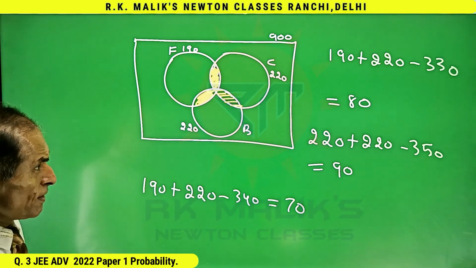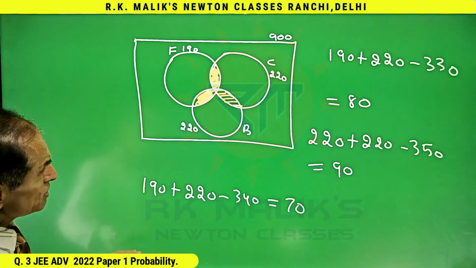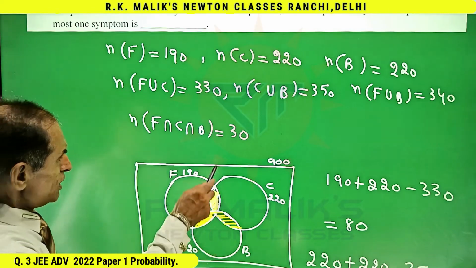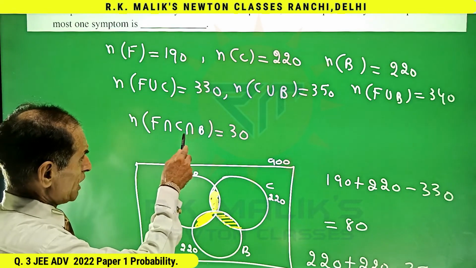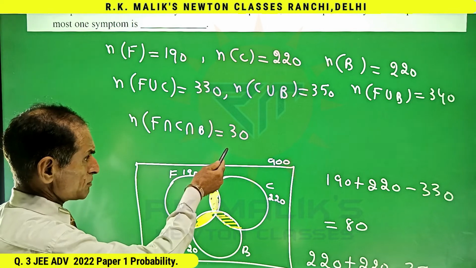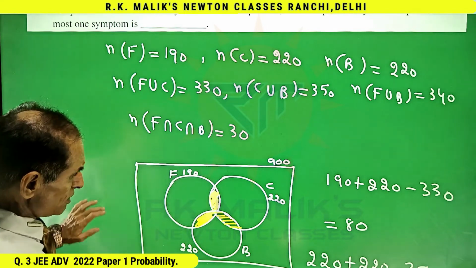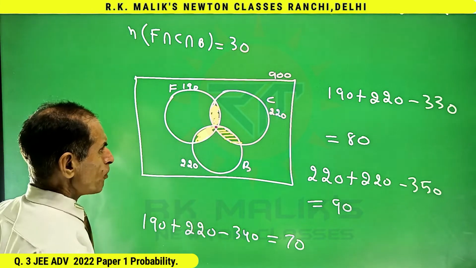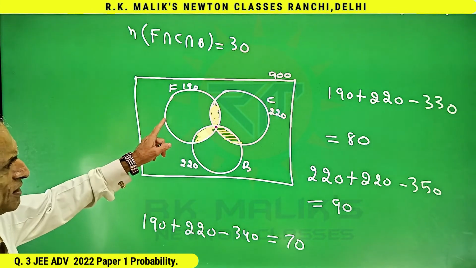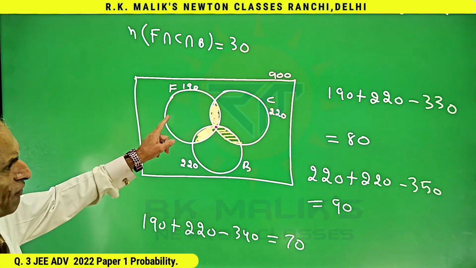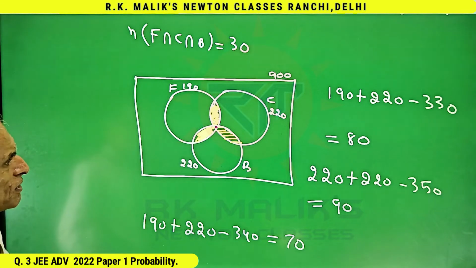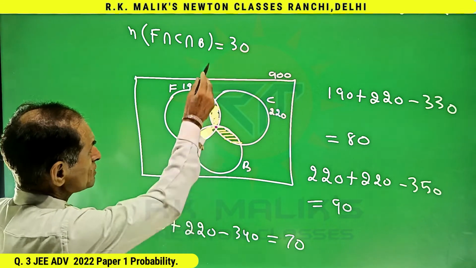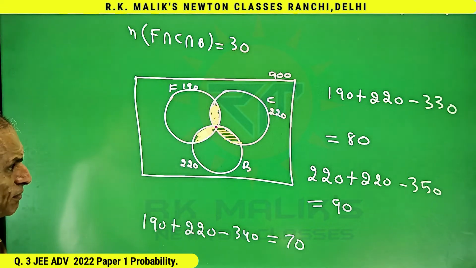And because it is given that the number of persons having all the three symptoms is 30, this common part of F, C and B contains 30 elements.